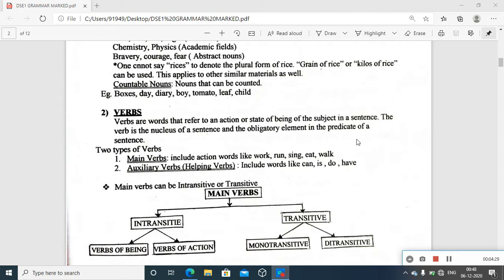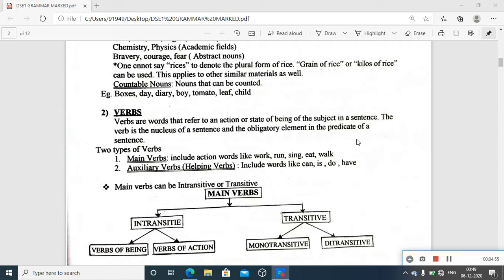The very phrase gives the idea about the function, or the way these verbs are used. They include words like can, is, do, have. Auxiliary verbs, or the helping verbs, help the main verbs to form tense, mood, etc.